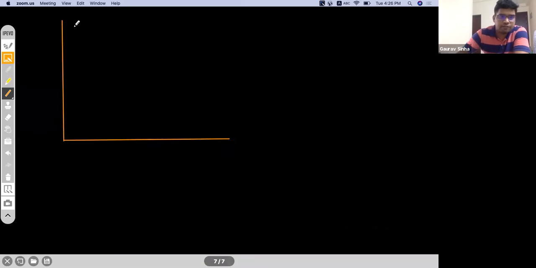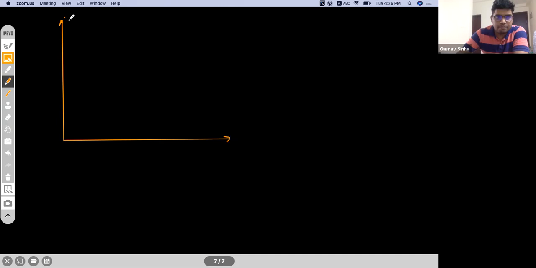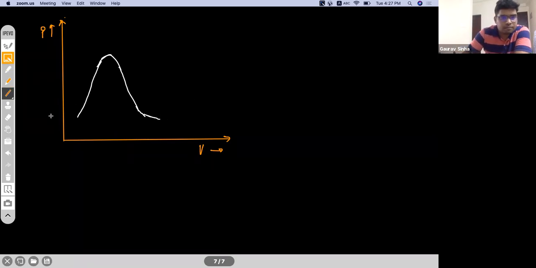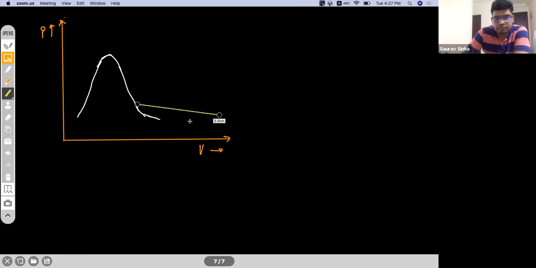Okay, liquefaction. Now you look at this graph. This axis is the pressure and this axis is the volume. All of you draw this graph.